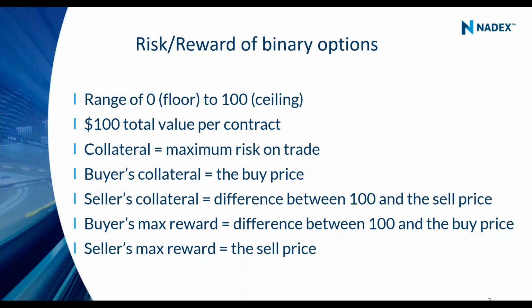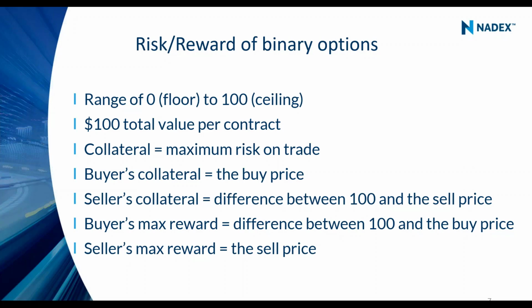On the seller, the maximum you can get is what you sold it for. So if I sold a binary at 40, I had to put $60 up because it could go to 100, but the most I can make is the 40 because it settles at 0.